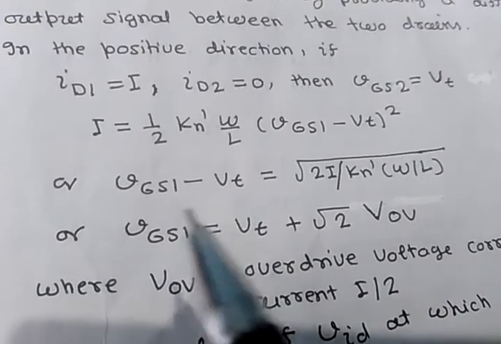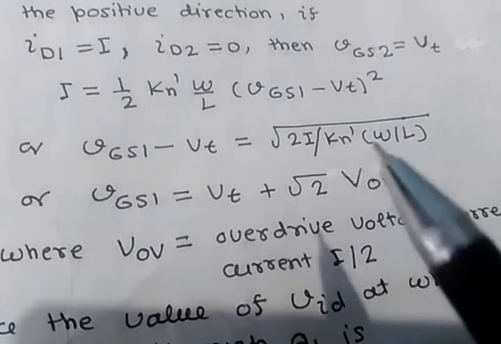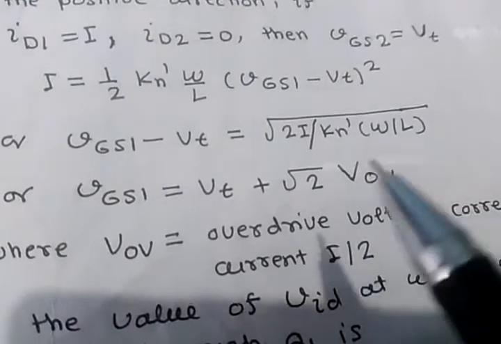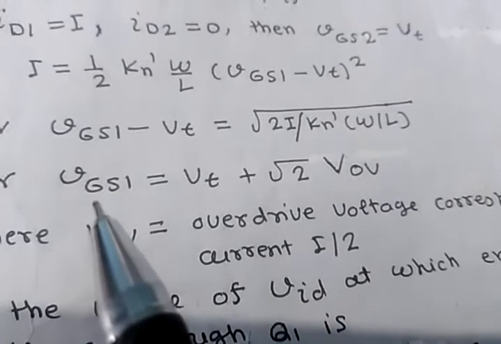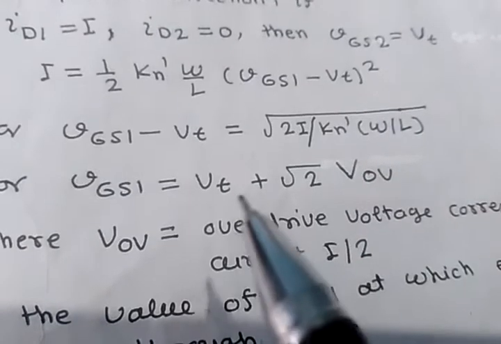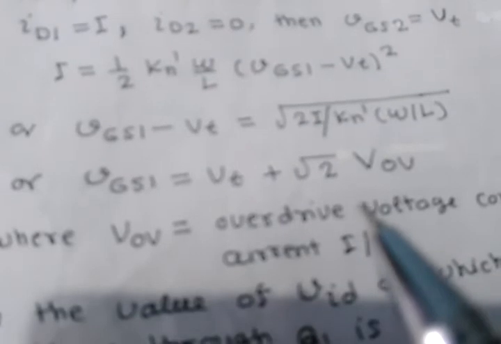So VGS1 minus VT will be the square root of 2I upon Kn' W/L. Simplifying this equation, we get VGS1 equals VT plus root 2 VOV, because we already know the square root of I upon (1/2 Kn' W/L) is known as VOV, the overdrive voltage.